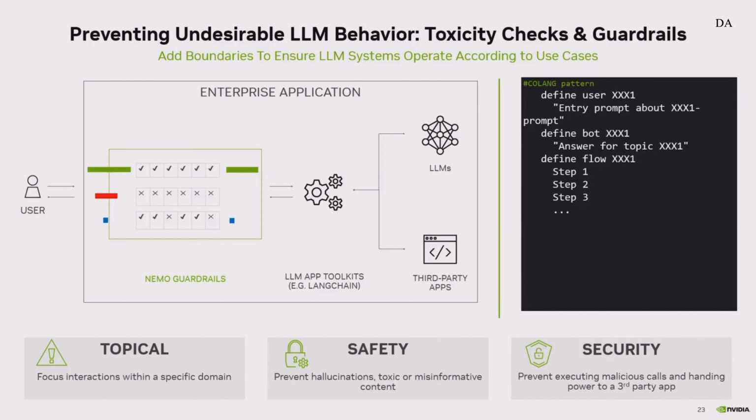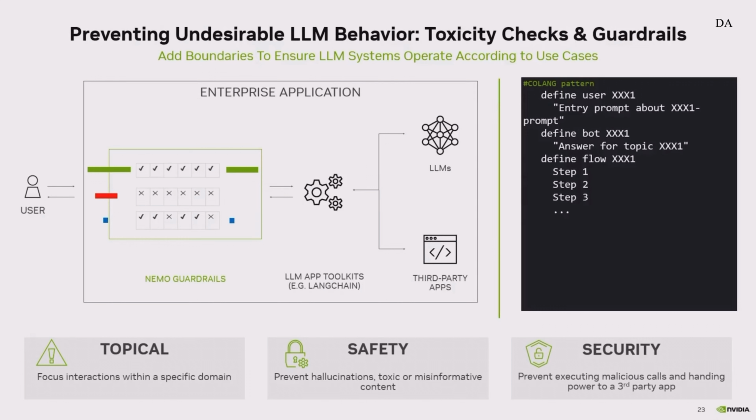NeMo guardrails use a Colang pattern established in a configuration file, but other systems would configure their boundaries and behaviors a little bit differently. The upshot is that when it comes to topical safety, we want these guardrails to focus interactions with a specific domain, like something in a music store, not a grocery store, not a political opinion, not the weather.